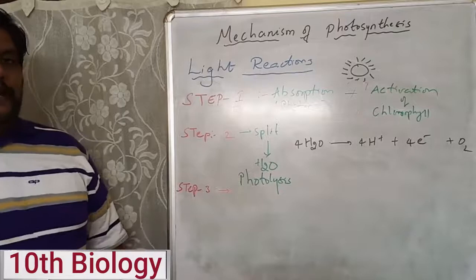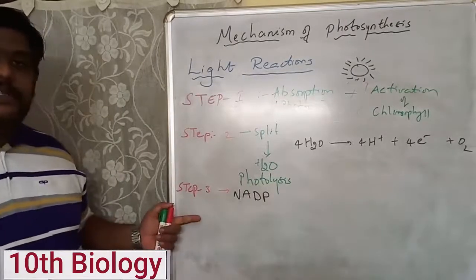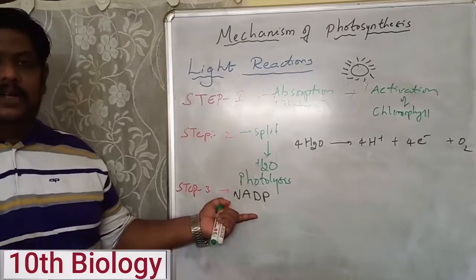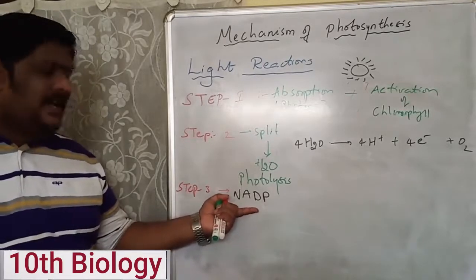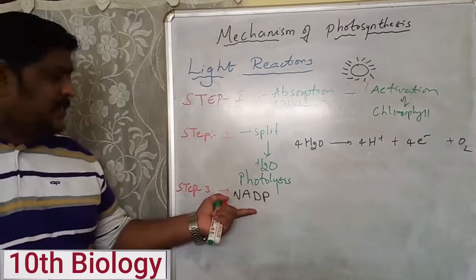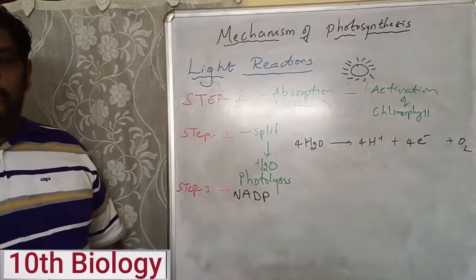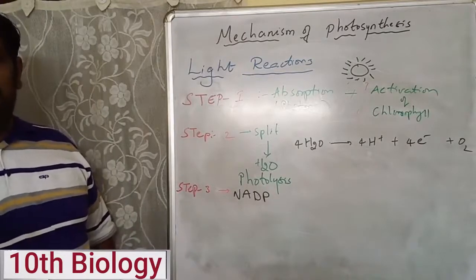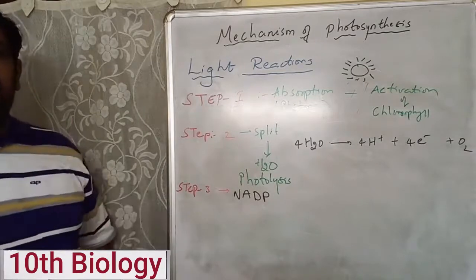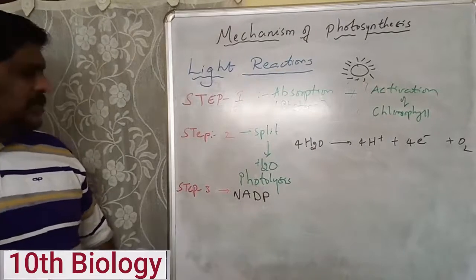In step 3 we are seeing there is a compound already present in the chloroplast which is called NADP, which is present in the thylakoid membranes. This NADP is nothing but an energy compound, a compound which stores the energy. This is already present in the chloroplast. So there is no doubt in that.